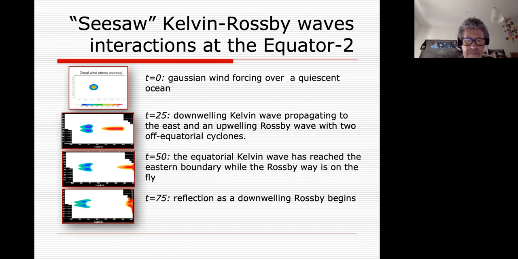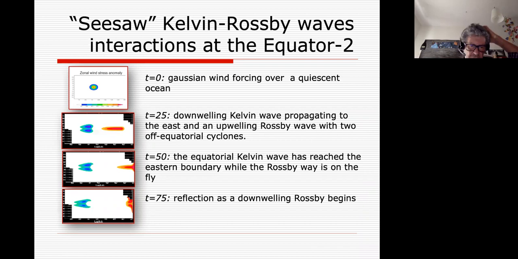And at the eastern part, you see that the reflection begins, while on the western side the Rossby wave is approaching its boundary.